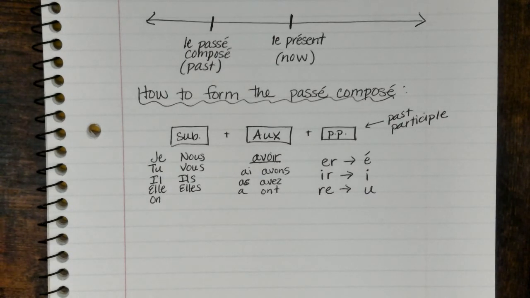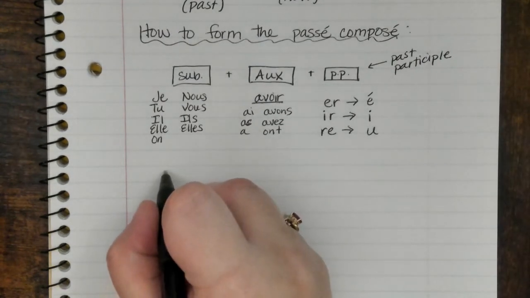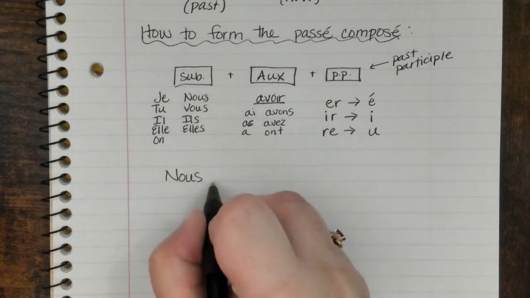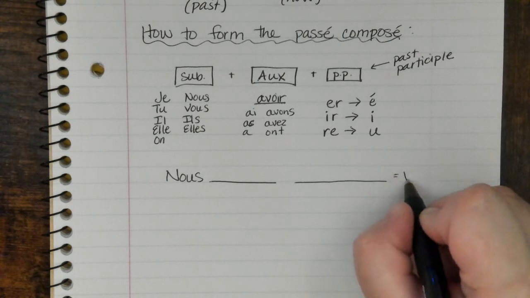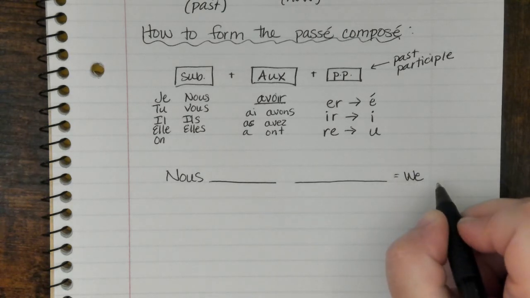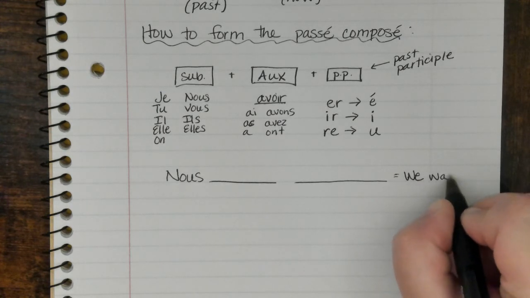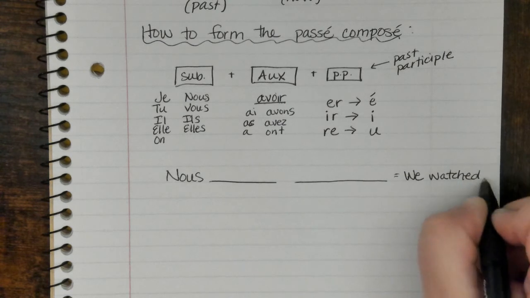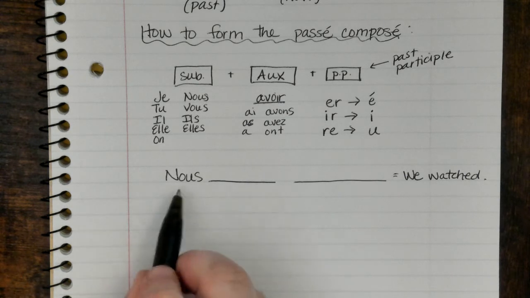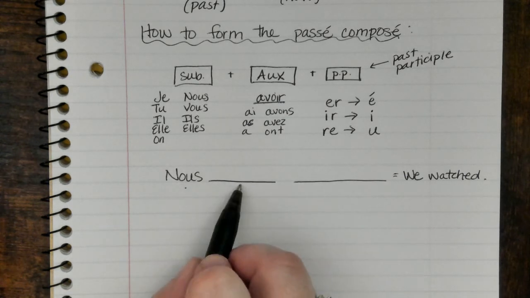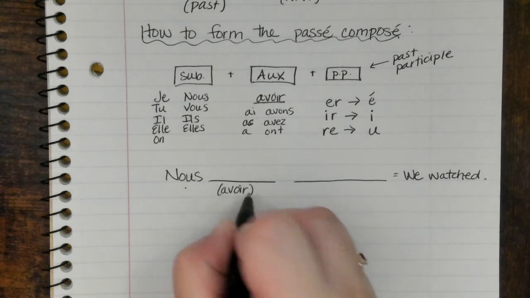Now let's look at this with some examples. So let's say I have nous as my subject, and I want to say we watched. It's a very simple sentence, but we watched. Well, here's my subject. The auxiliary verb is going to be the form of avoir that matches nous.